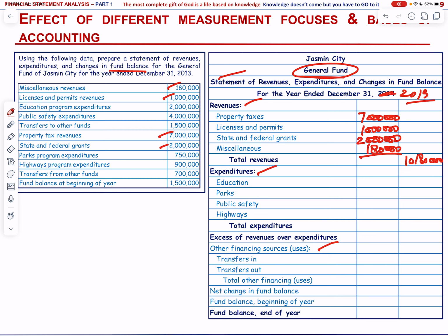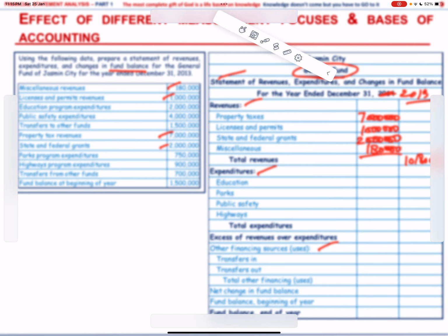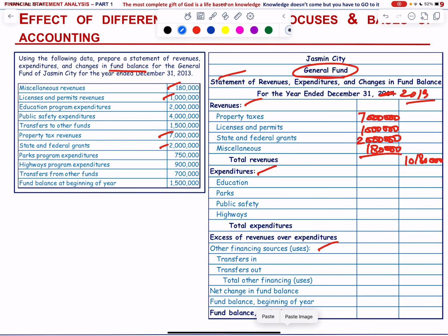Then we are going to list all the expenditures for the general fund. You can see we have the education program expenditures, we have the public safety expenditures, we have the park programs, and then we have the highway programs. So let us note down each one of them.